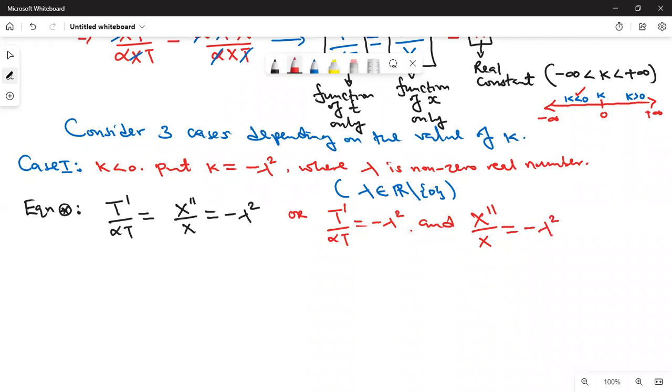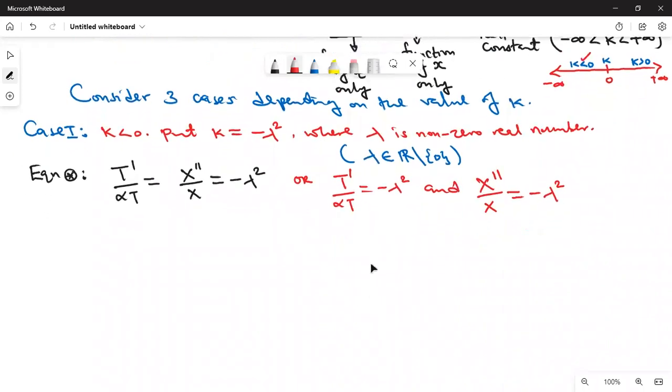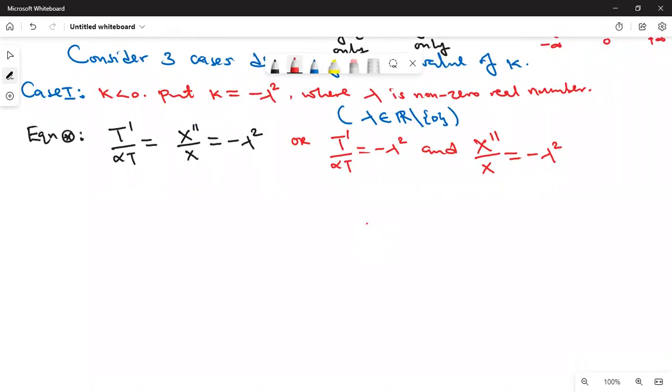So there are two equations. Let's solve them. This is a set of ODEs. So this will be our first equation, and this one is our second equation.